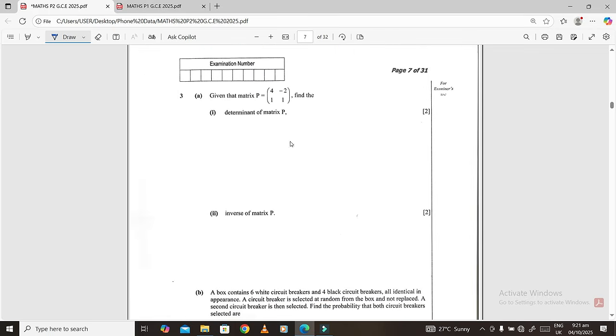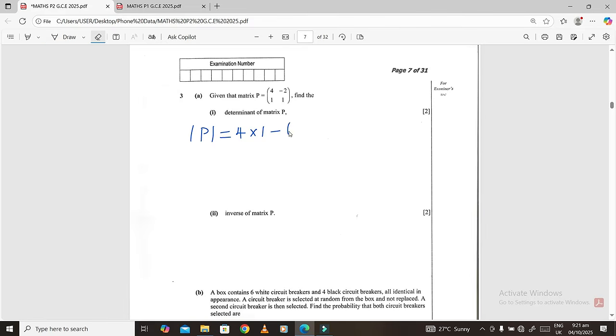We now go to the next question. For finding the determinant here, we're just going to say P inside the bars, which simply means determinant. We multiply the major diagonal, that is 4 times 1, minus the multiplication of the minor diagonal. For the minor diagonal, we've got 1 times negative 2.